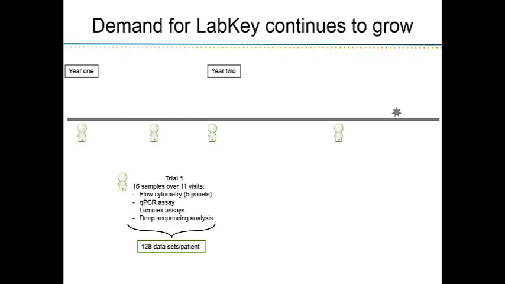For each of these patients, we received 16 samples over 11 visits, and again, most of this data is flow cytometry. We actually do 5 multi-parameter panels per patient per sample, and qPCR data, and then luminex and the sequencing that I mentioned before. So all of this ends up to be about 130 data sets per patient.